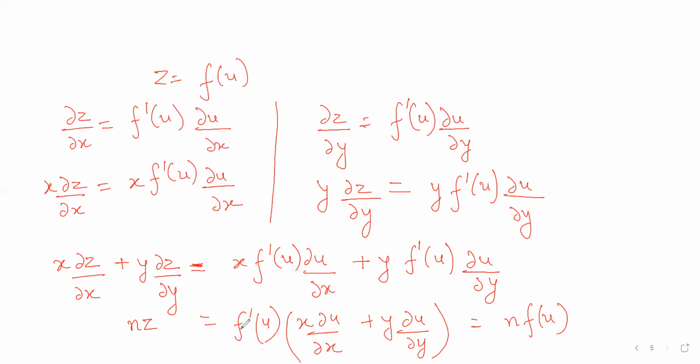So from here we can say that x del u by del x plus y del u by del y is equals to n f of u divided by f dash u.